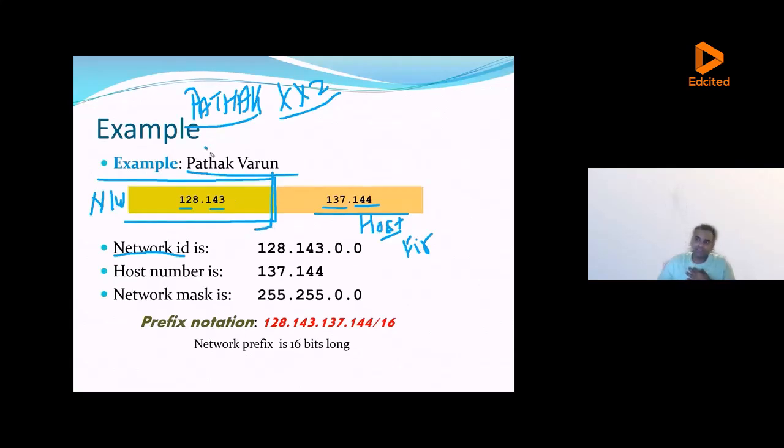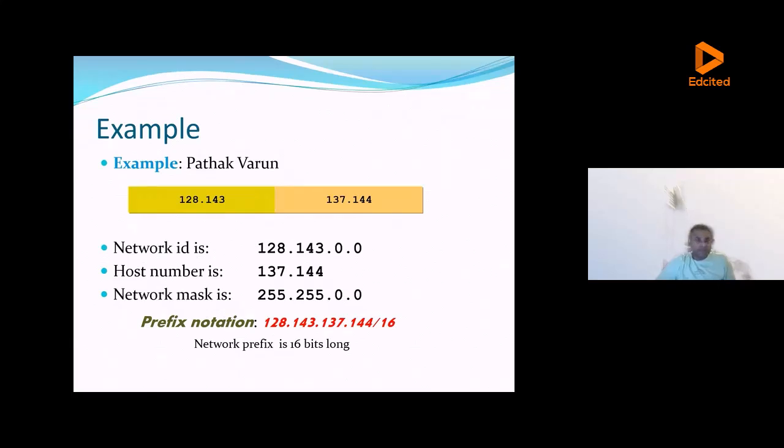The moment you see these two names, Pathak and Pathak, you can see that these people belong to the same family. Similarly, if you see two IP addresses and the network address is the same, the first half part, for a specific IP I'm saying right now, that becomes the same network. You can decide that these two IP addresses belong to the same network. You just need to match the network part in the two IP addresses. Okay.